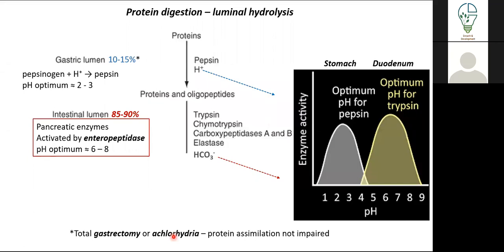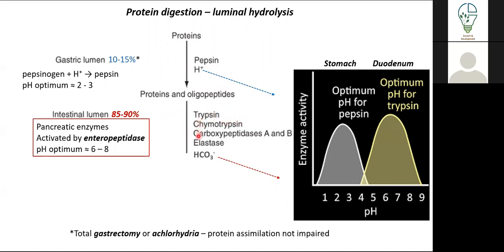Okay, so unlike what we had with the carbohydrates, proteins can be absorbed as peptides, like dipeptides and tripeptides, and amino acids. So we don't really have to break them down into tiny amino acids. What are the enzymes in pancreatic juice?